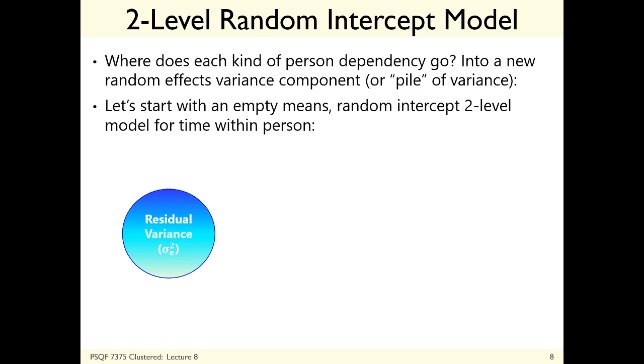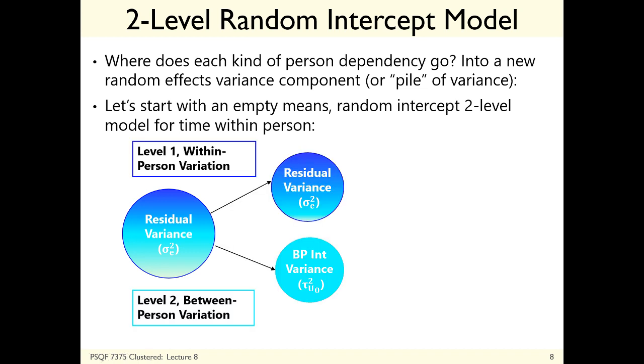So let's go back to 2-level. Let's say that we're ignoring groups, it's just person and time. So first thing we have, once upon a time there was an e, all the variance in one pile. Then we split the variance into level 2, which is between persons, level 2 random intercept, and within persons, level 1 residual.